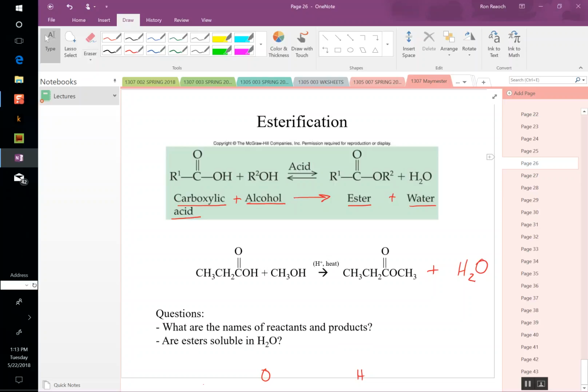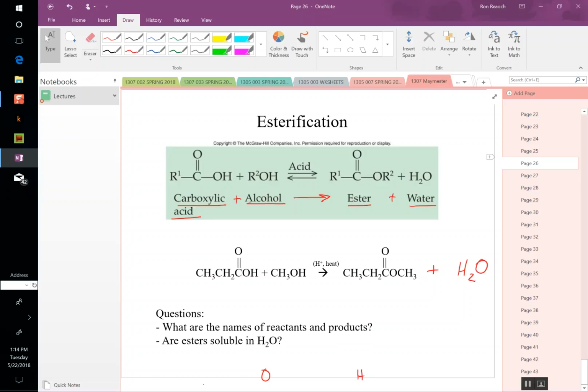Yeah, that's a water. I was just trying to take them out. You get rid of 2 H's and no. Okay, that's pretty good.